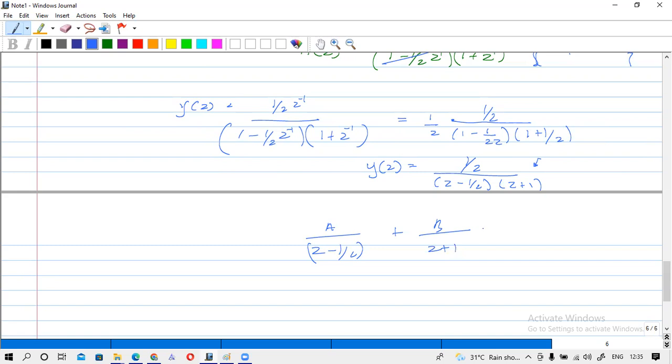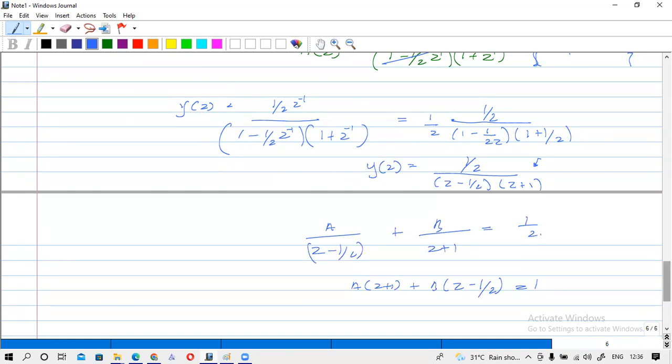Then A times (z plus 1) plus B times (z minus half) is equal to 1, correct?